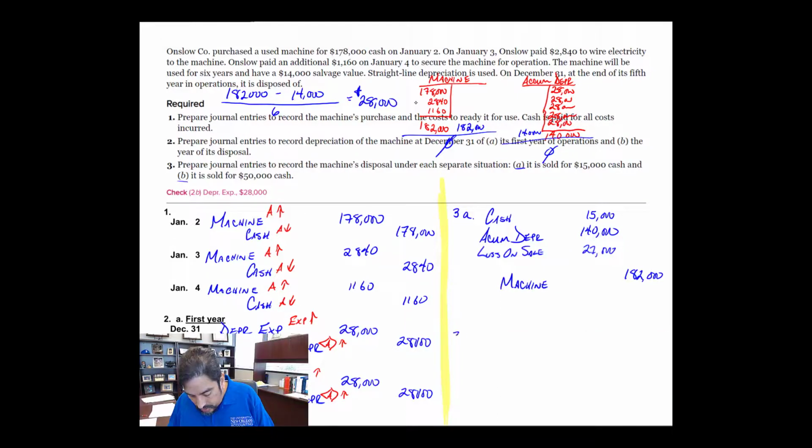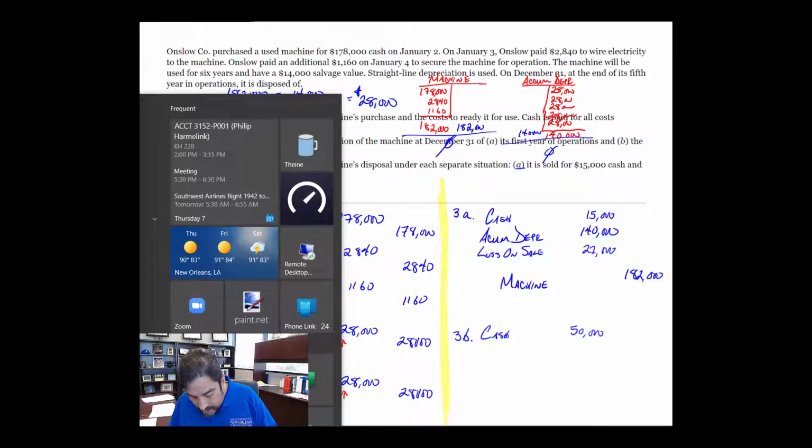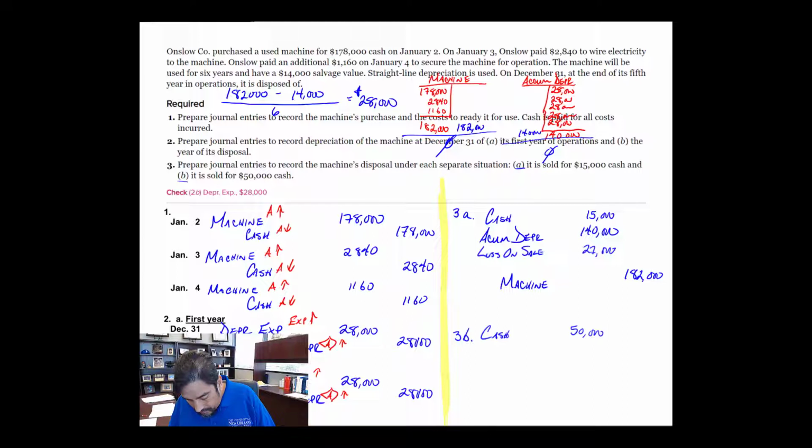And then let's do 3B. The cash is 50,000 instead of 15. But the accumulated depreciation is still a debit of 140, and the credit to machine is still 182.